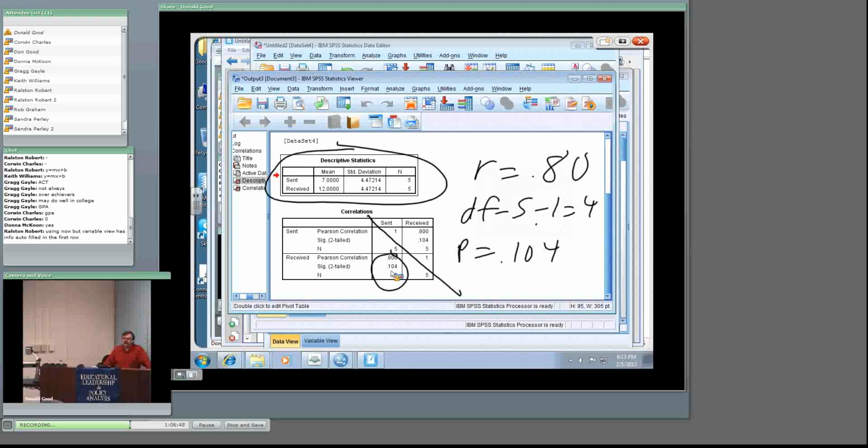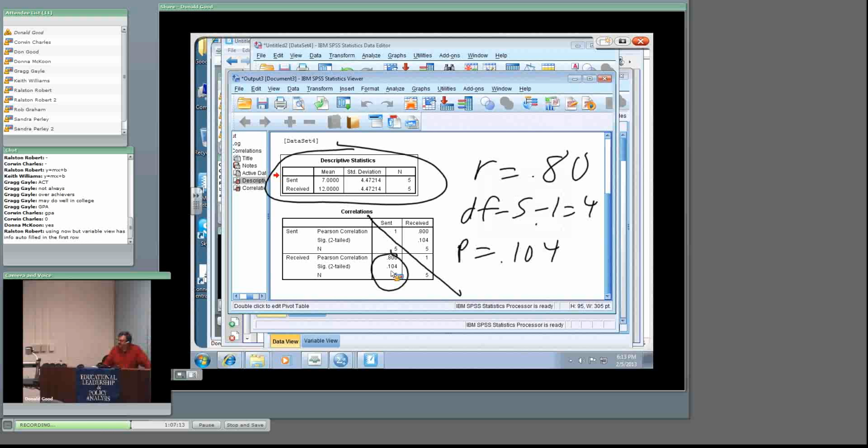Okay, I'm going to ask you to walk by faith for just a little bit, and then the scales will fall from your eyes pretty soon, and it'll make sense. But for right now, my line in the sand is it's significant if P is less than 0.05. Let that sink in just a second.